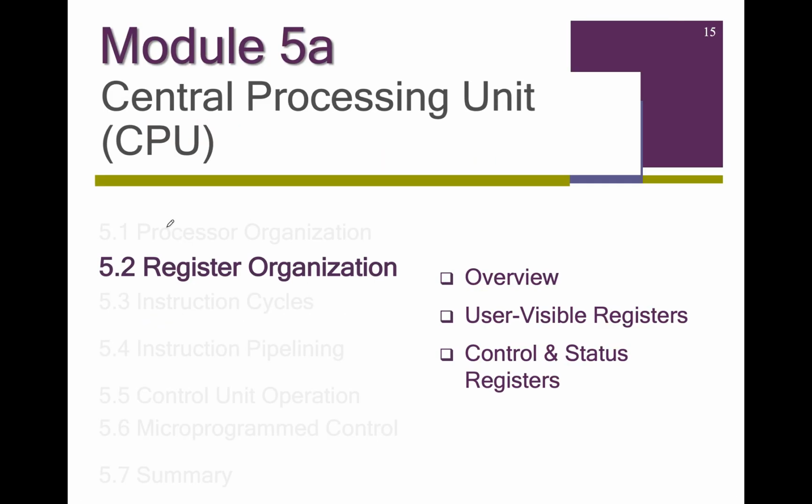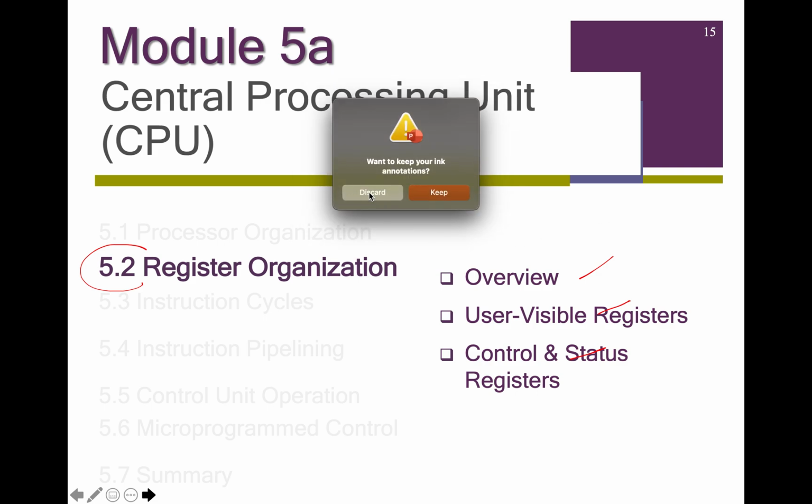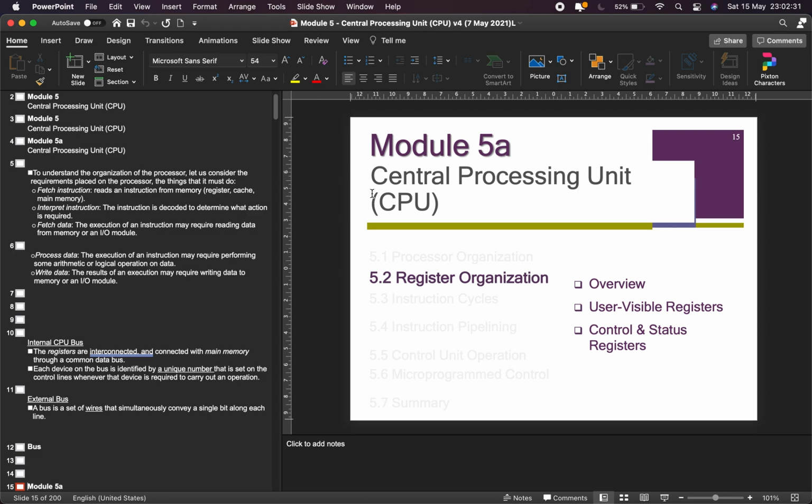Later on we are going to look into 5.2, the register organization: the overview, user-visible registers, and control and status registers, in our next video. Thank you for watching, and please stay safe. Bye bye.